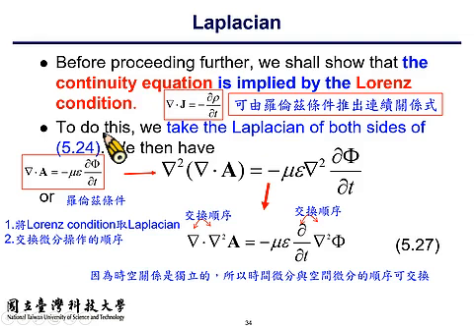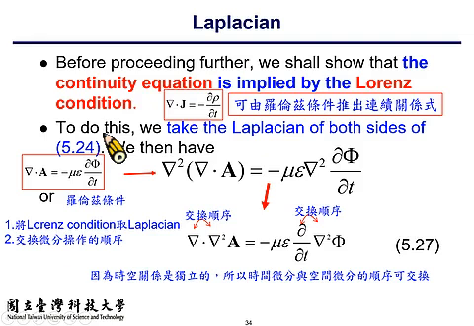So here's the Lorentz condition, the divergence of A equals minus mu times epsilon times the time derivative of phi. If you take the Laplacian of the Lorentz condition on both sides, now that this is a scalar, you are free to apply the Laplacian on the two sides of the equation, and you change the order of operation, you end up with equation 5.27.